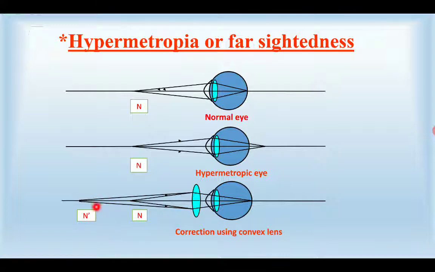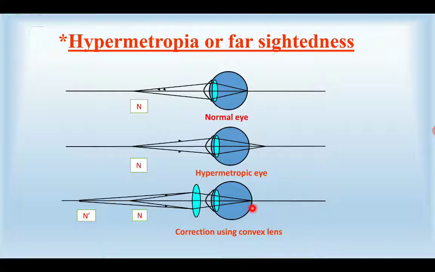So now this new point acts as the new position of the object for the human eye lens, and the light rays fall over here and are converged and meet at the retina, and the image is formed at the retina.